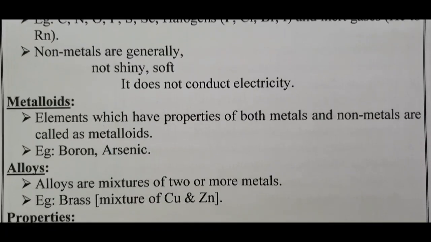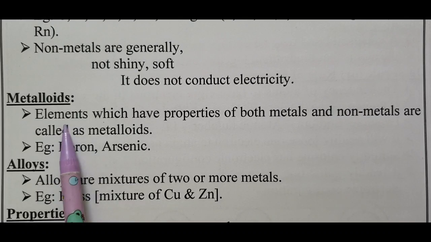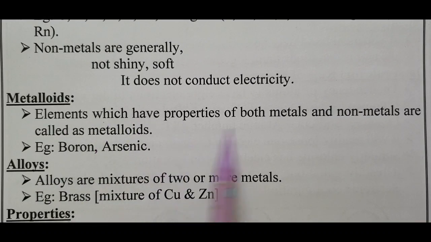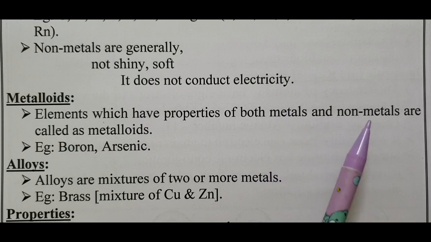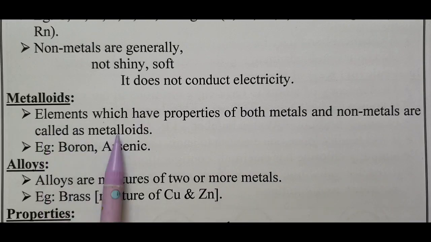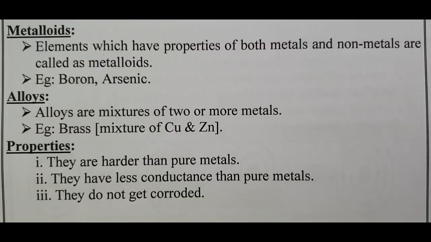Come to metalloids. Elements which have properties of both metals and non-metals are called metalloids. For example, boron and arsenic are examples of metalloids, elements having both the properties of metals and non-metals. Come to alloys.